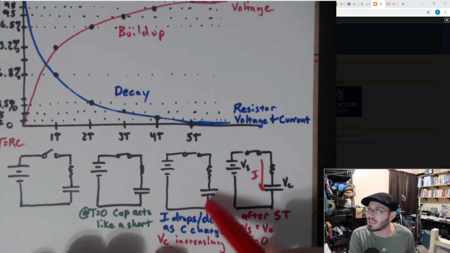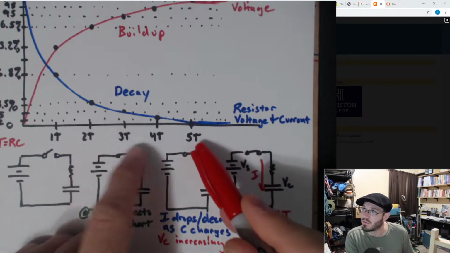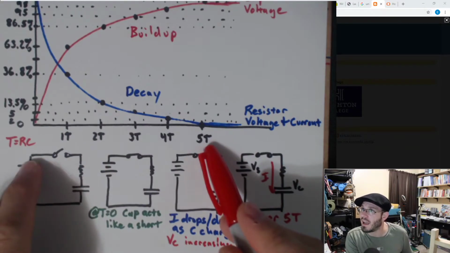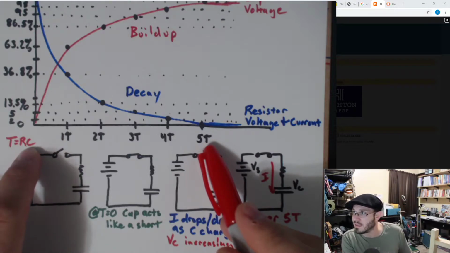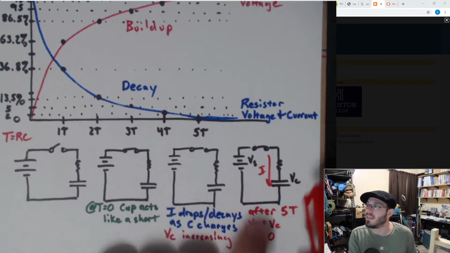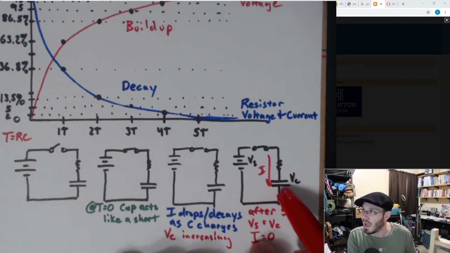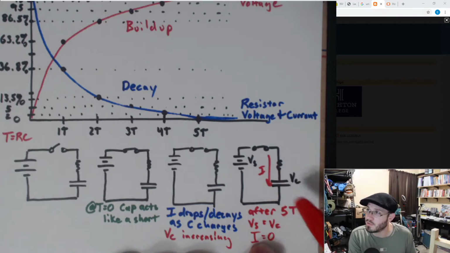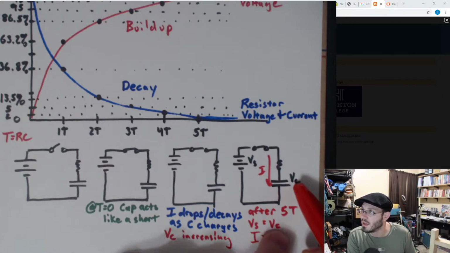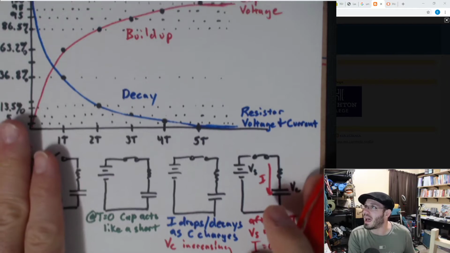But the voltage across the cap is increasing. After 5 time constants, after 5 times the resistance in ohms times the capacitance in farads, you're going to then have as much voltage as you can across this cap. You're going to get 0 amps flowing through this circuit, and V sub C is equal to V sub S.